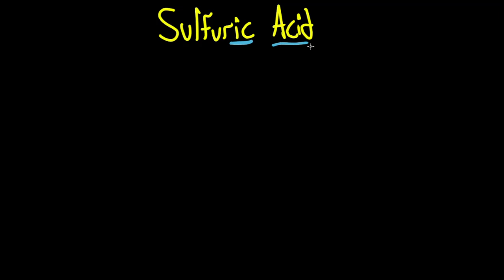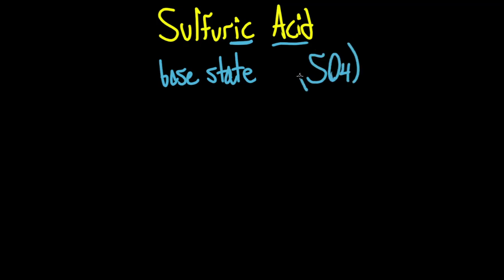Okay, and so I know that that is going to be a base state, and the only oxyradical that I have in my chart that contains sulfur is going to be SO4 with a -2 charge.